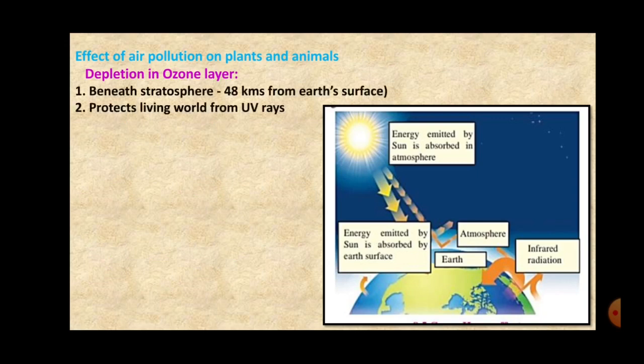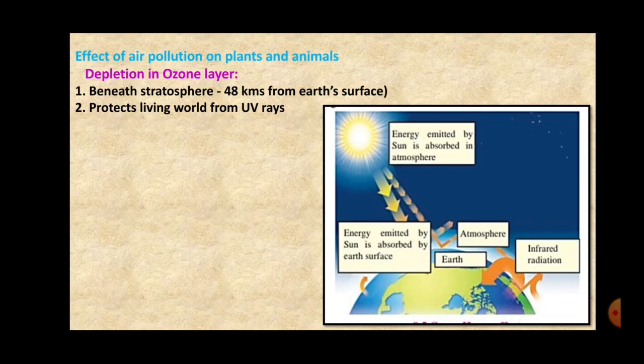Now what is the ozone layer? The ozone layer is present in the stratosphere, at a height of 48 kilometers from the Earth's surface. It is very useful because it protects the living organisms of the earth from the ultraviolet rays, the UV rays given out from the sun, right?